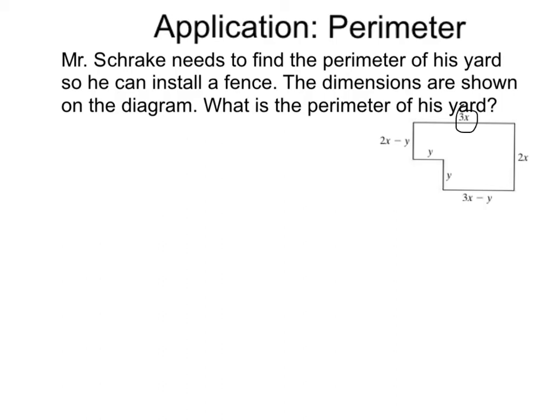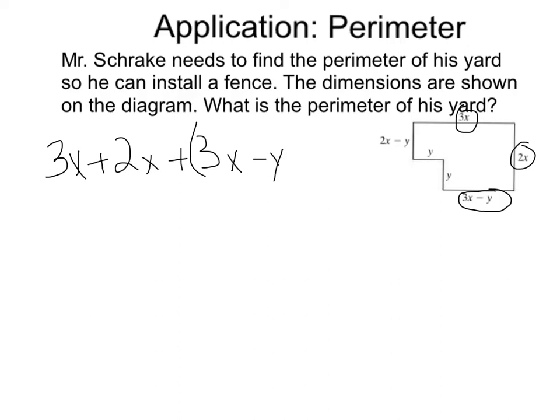So we need the 3x, 2x, 3x minus y, y, another y, and then 2x minus y.